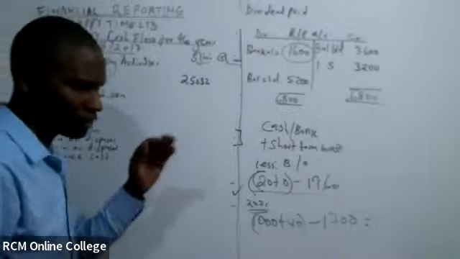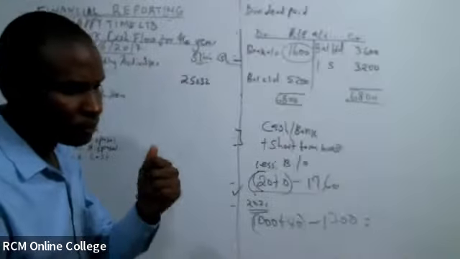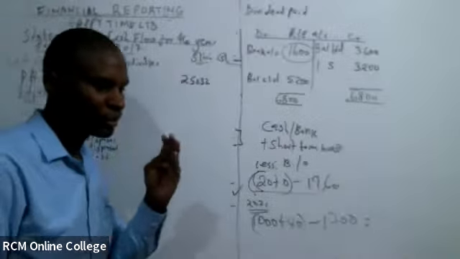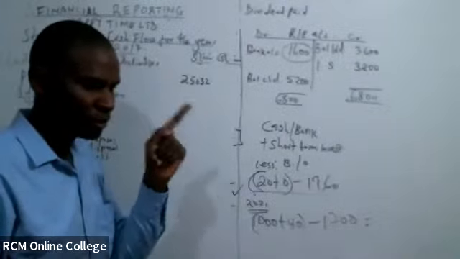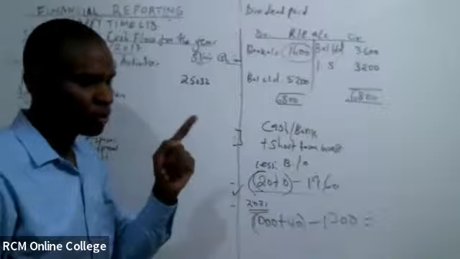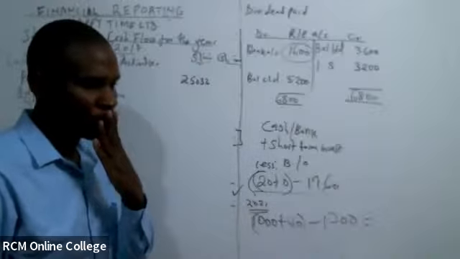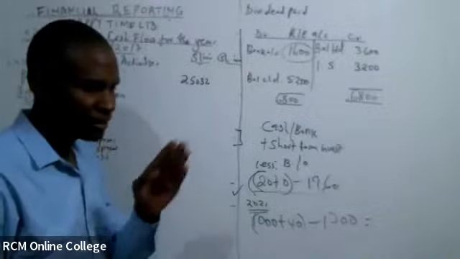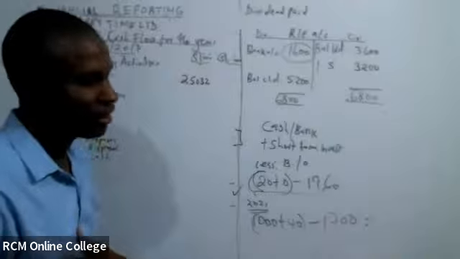Sawa. Now, class, where did we get this? You just look at the income statement. Sales minus cost of sales, you get gross profit. Gross profit minus some expenses, you'll be able to get profit before tax. And then you less tax.